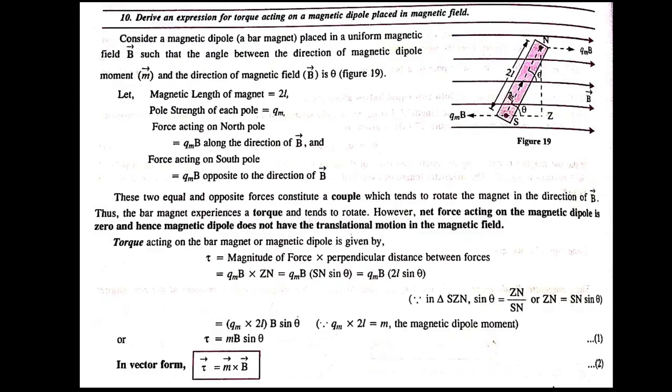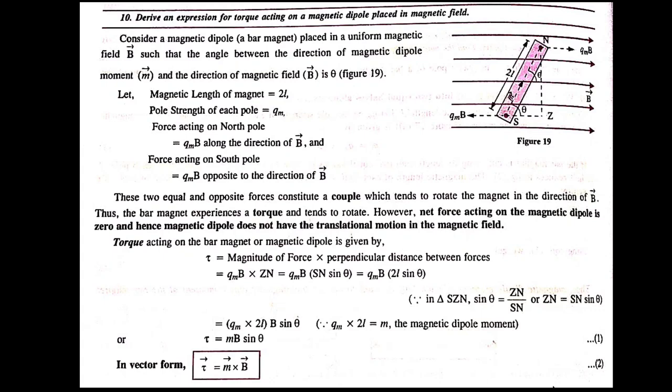Consider a bar magnet or a magnetic dipole in a uniform magnetic field, and the angle between the direction of the magnetic dipole moment and the magnetic field is taken as theta, as shown in the figure. Let the magnetic length of the magnet be 2l and the pole strength be qm, and of course there is a force acting on both the poles when they are placed in the magnetic field.